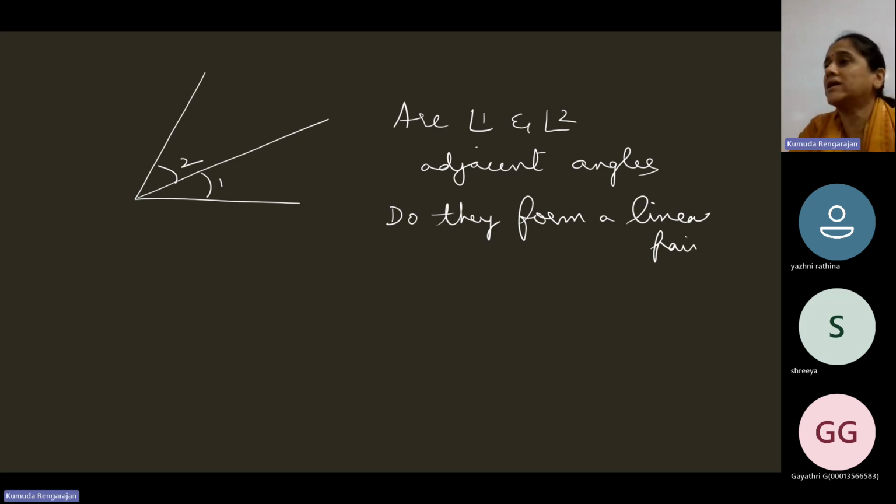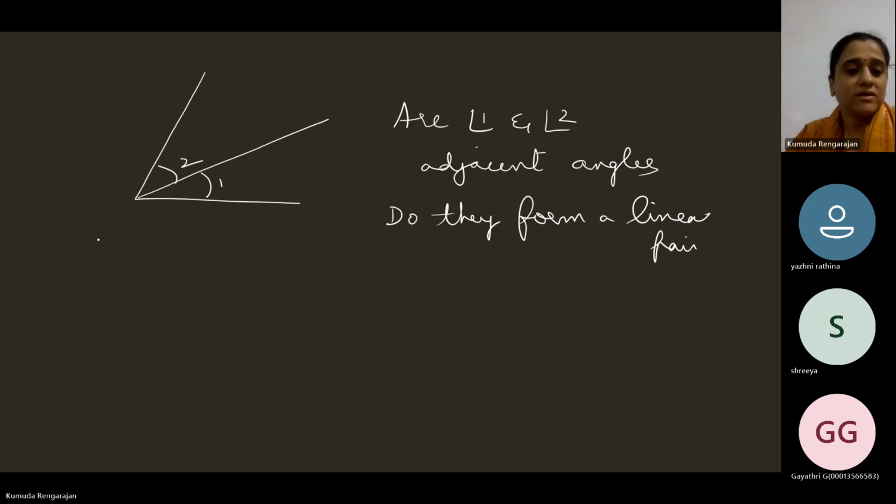If all these three things are satisfied, not any two of the three or any one of the three, all three out of three conditions must be satisfied for two angles to be called adjacent angles. So what are the conditions? They must have a common vertex. They must have a common arm, and their non-common arms must lie on either sides of the common arm.